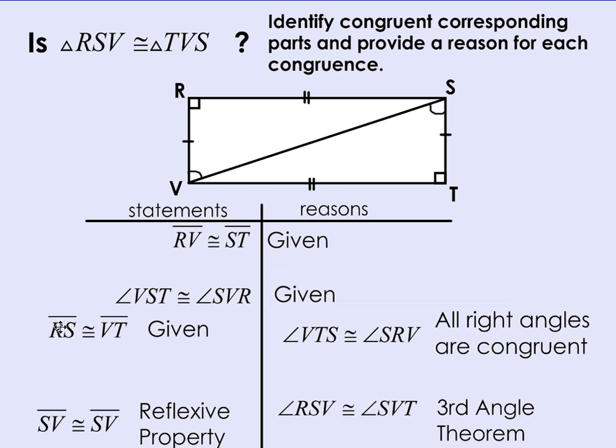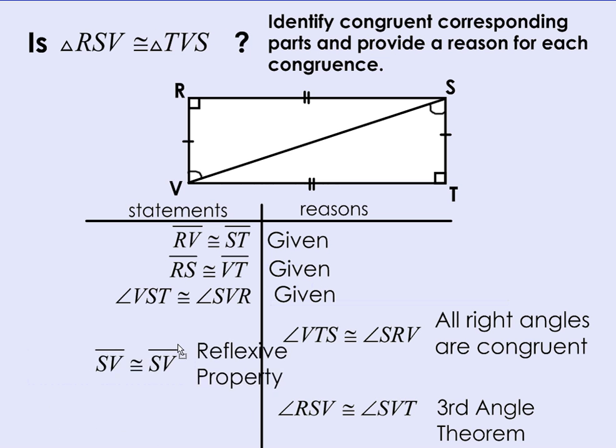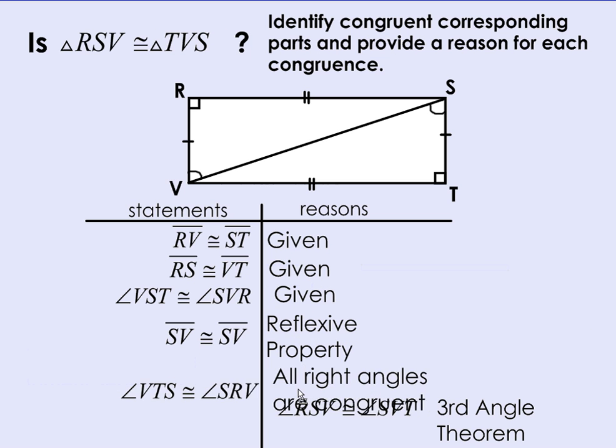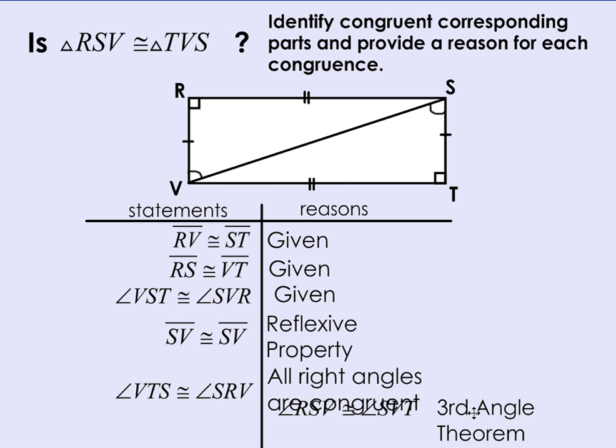So listing the givens that were provided to us in the diagram, we can arrange those. And then we can start talking about the other segment congruences and angle congruences that we found based off of our properties, theorems, and any definitions that we had.